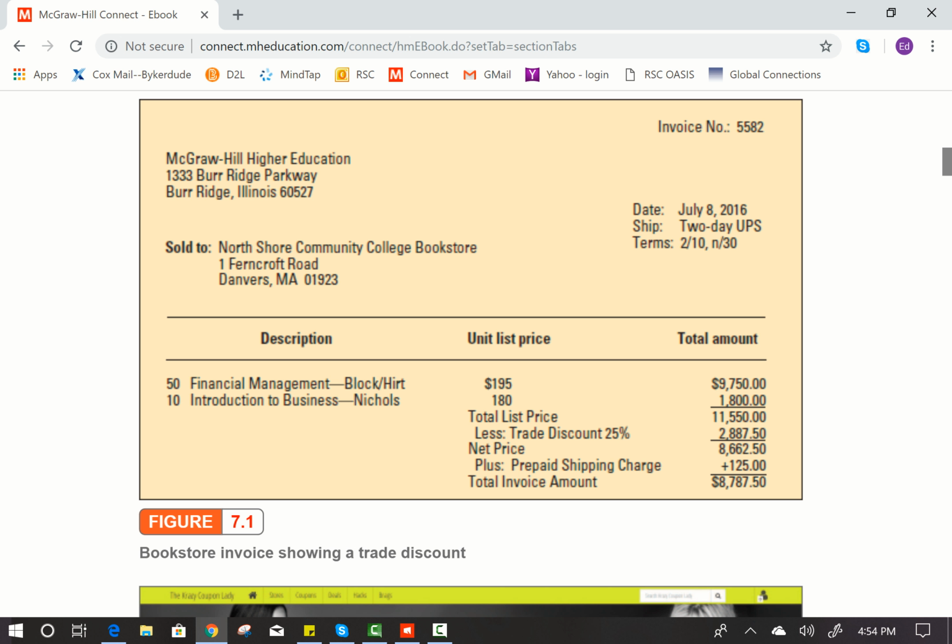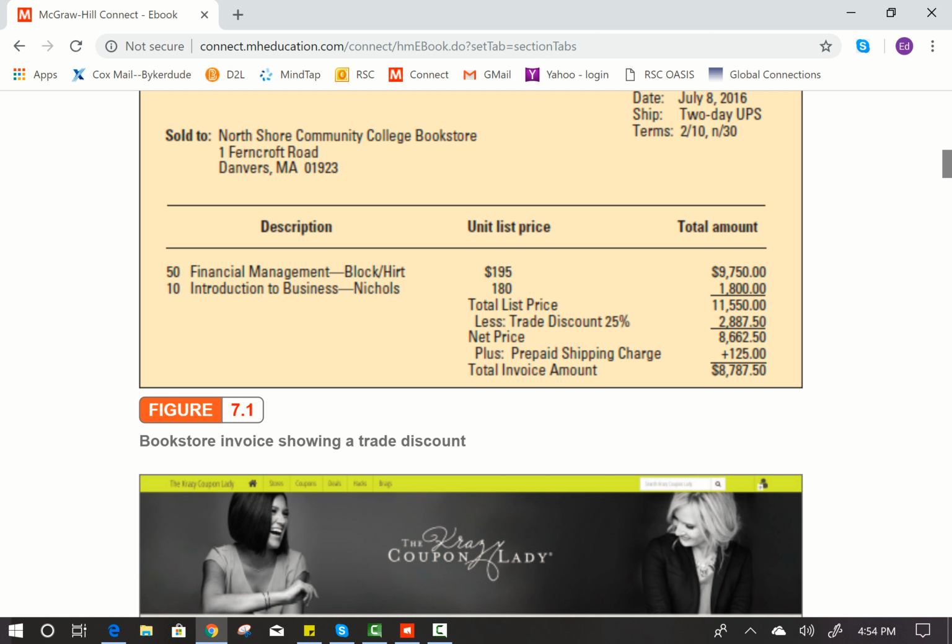It's being sold to North Shore Community College Bookstore in Massachusetts, and then the description is for 50 financial management textbooks at $195 each. 195 times 50 will give you $9,750. 10 Introduction to Business books at $180 each will give you $1,800.